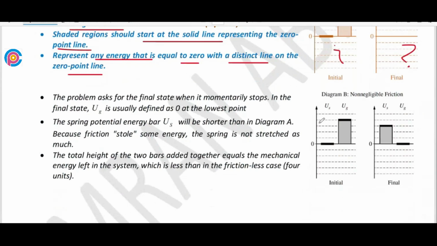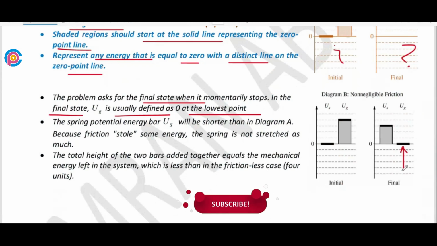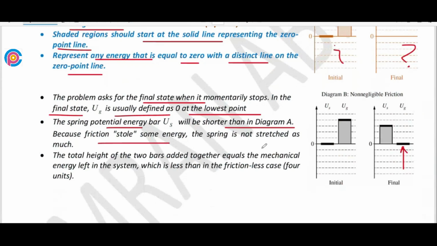Now, what's the answer? The problem asks for the final state where it momentarily stops. In the final state, the gravitational potential energy Ug is usually defined as 0 at the lowest point, so you can see the gravitational potential energy is 0. The spring potential energy is smaller compared to diagram A because friction took some energy.